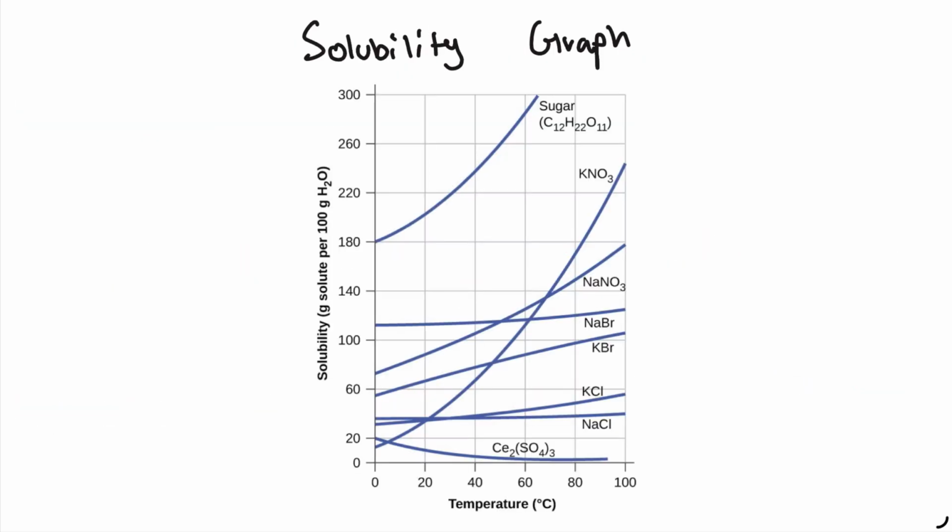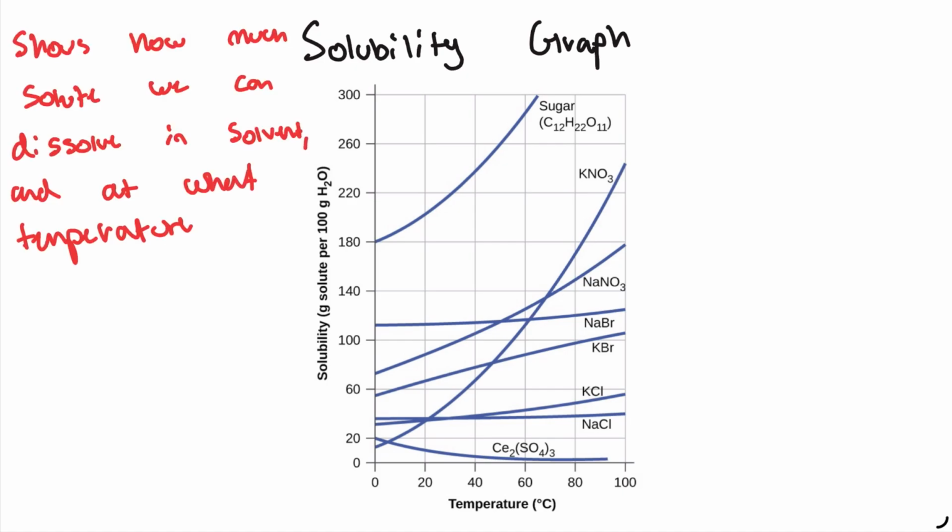And for the last part of this video, let's now look at something called a solubility graph. These graphs show how much of a solute we can dissolve in a solvent and at what temperature. For example, this graph has 8 different substances labeled on it. Our x-axis is the temperature in Celsius of our solution, and the y-axis represents how many grams of our solute we can dissolve per 100 grams of water. And an important thing to notice about these graphs is our trend with temperature.